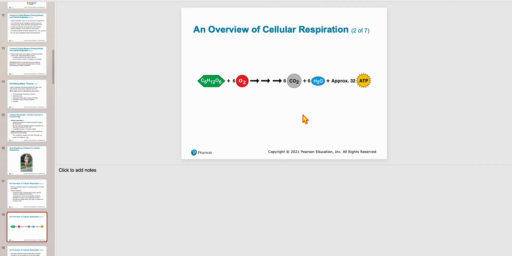So this hexagon shape, this green one, is the glucose, C6H12O6. Then we have oxygen that we breathe in, and that gets converted to carbon dioxide and water, and then it makes ATP.